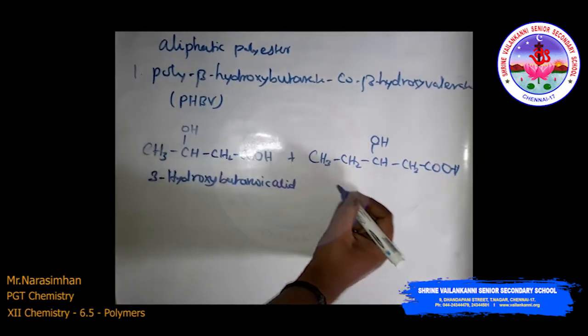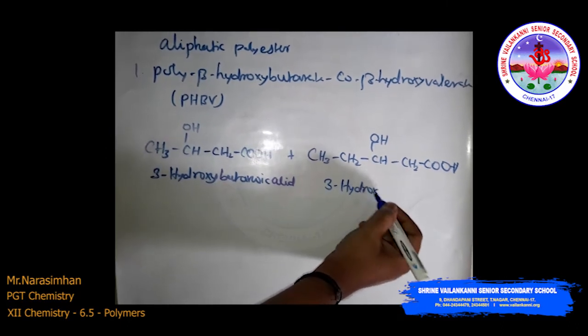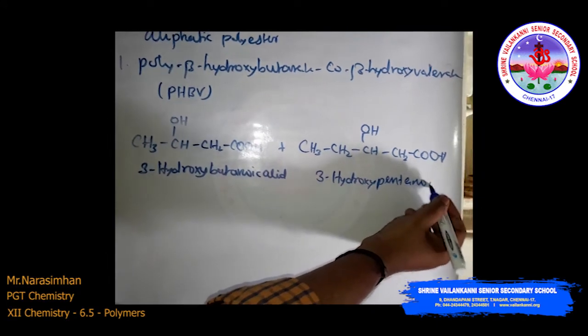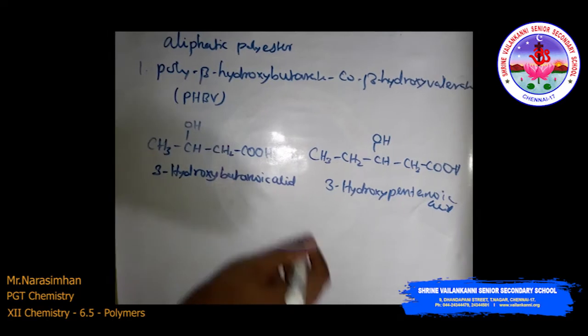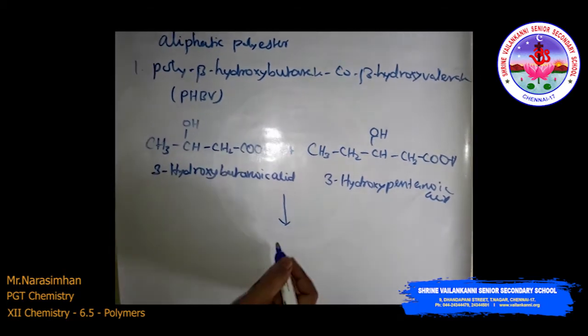This is 3-hydroxypentanoic acid. It undergoes co-polymerization, a polymerization reaction, to obtain PHBV.